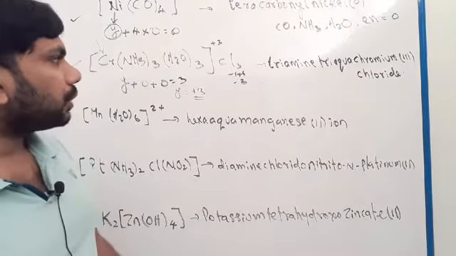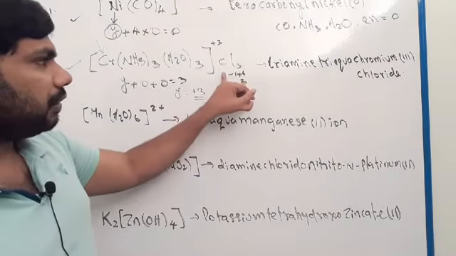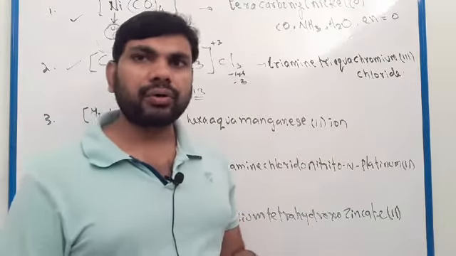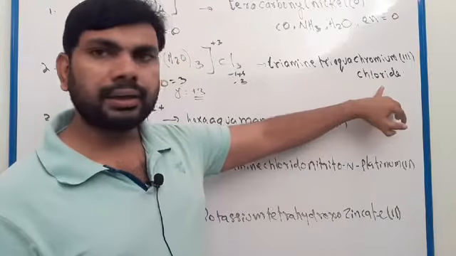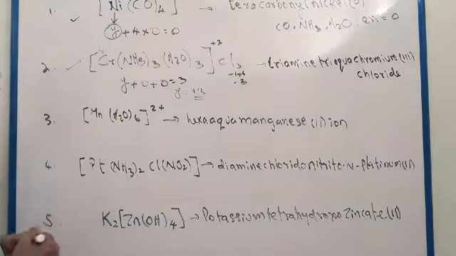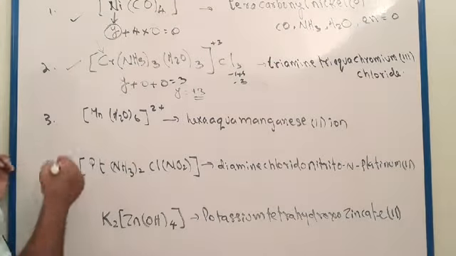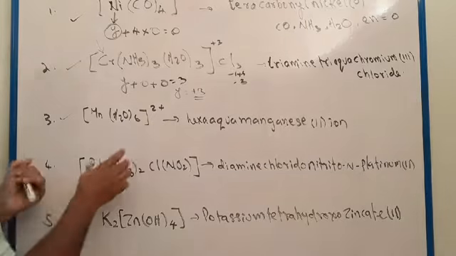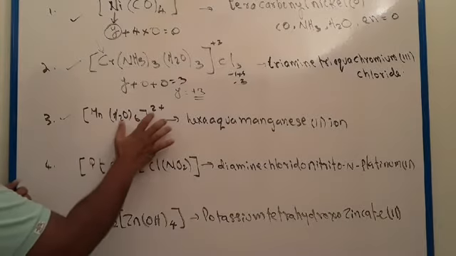Clear? So here this Cl3, we will write chloride. No need to write trichloride, you just write chloride. Clear? This is the name of the second coordination compound. Let us check the third one. The third one is a cationic part only. Here 2 plus is already given.